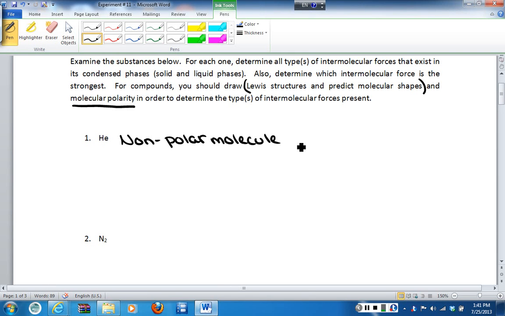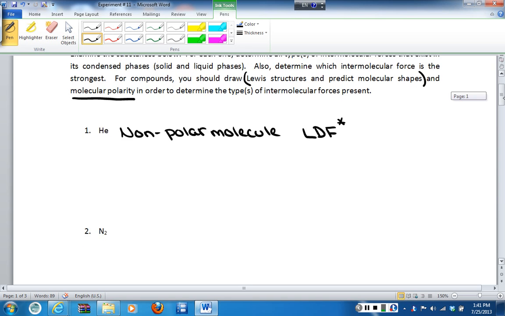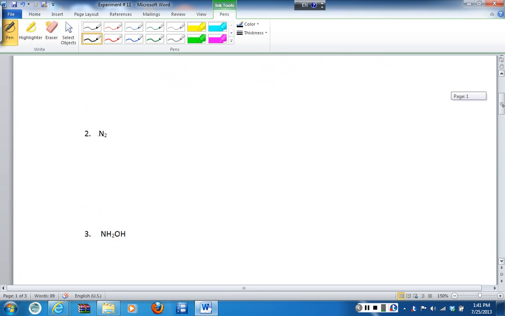And since what we've just learned about intermolecular forces, we know that all non-polar molecules have London dispersion forces, and that is the only intermolecular force that is present. So, since we only have London dispersion forces present within this molecule, we know that it has to be the strongest.